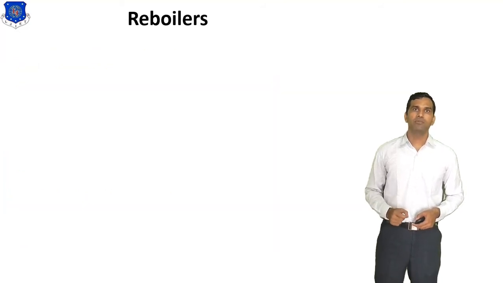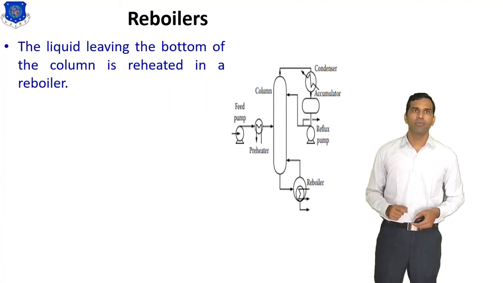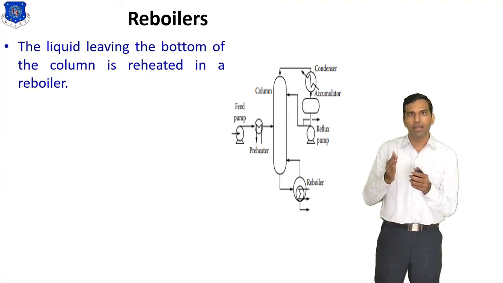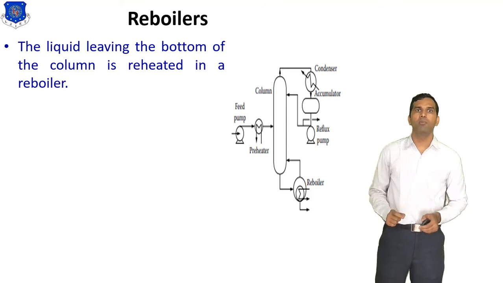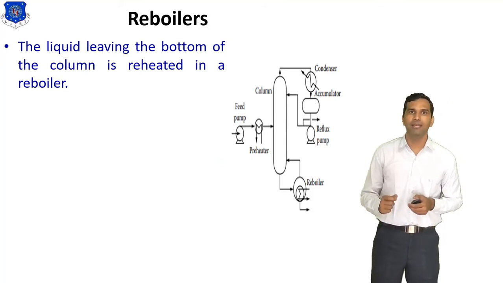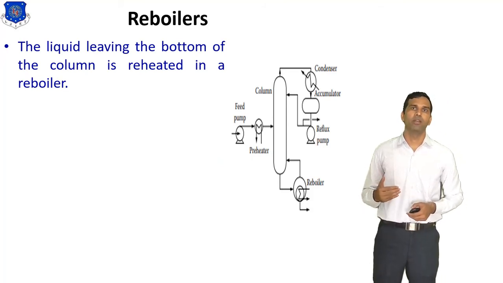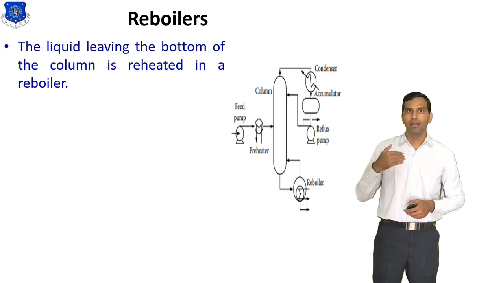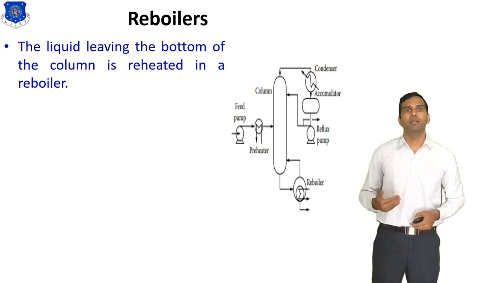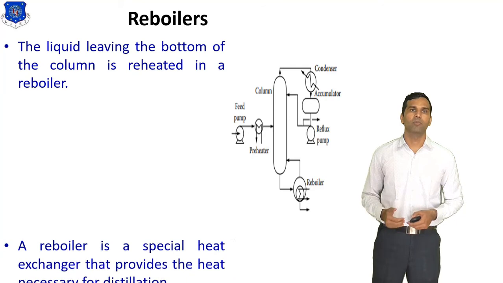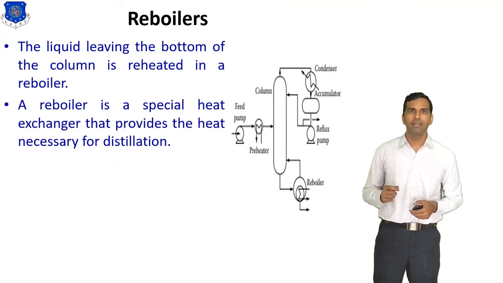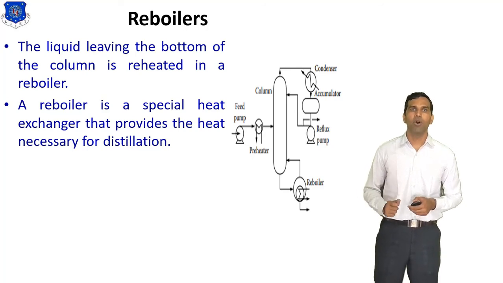Now the next part is the reboiler. The liquid leaving the bottom of the column is reheated in a reboiler. That means we increase the temperature by the reboiler. The reboiler is a special heat exchanger that provides the heat necessary for distillation.